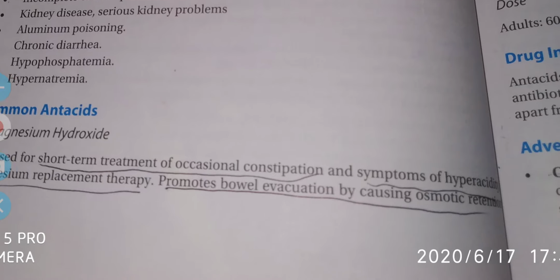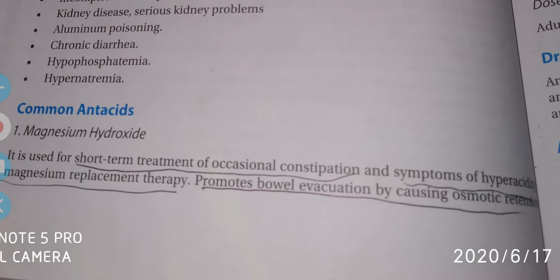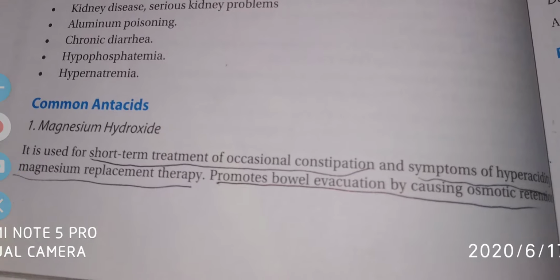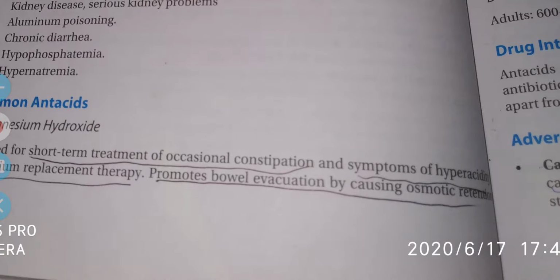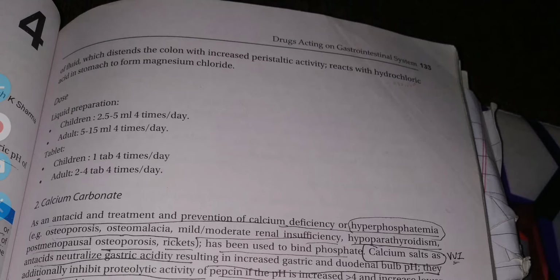It can also be used for the symptoms of hyperacidity and magnesium replacement therapy. It promotes bowel evacuation by causing osmotic retention of fluid, which distends the colon and increases the peristaltic activity. Means it helps in bowel passage and increases peristaltic activity.